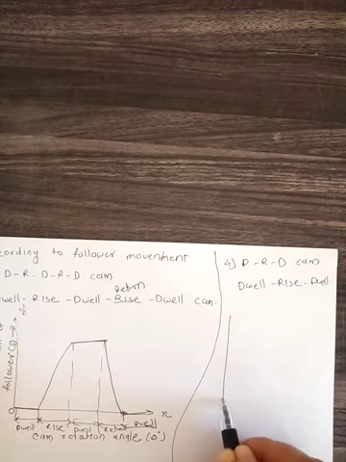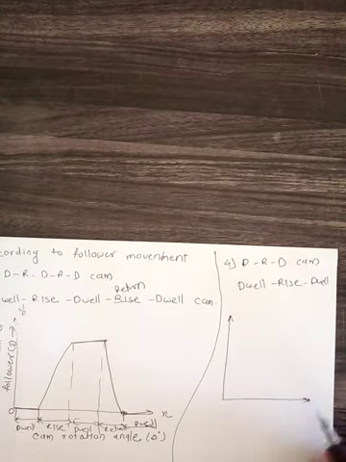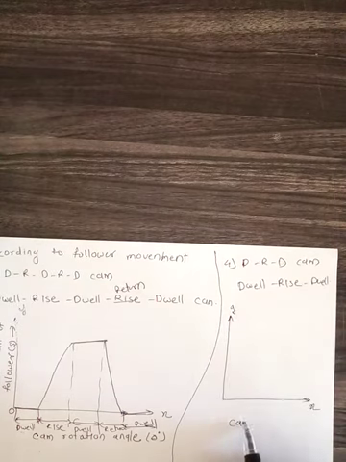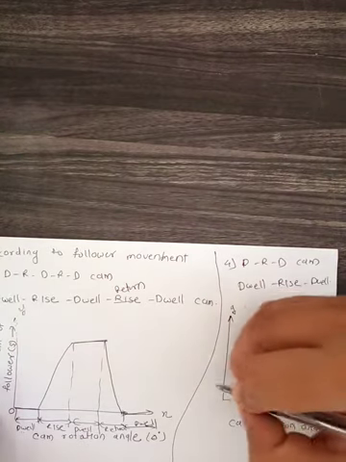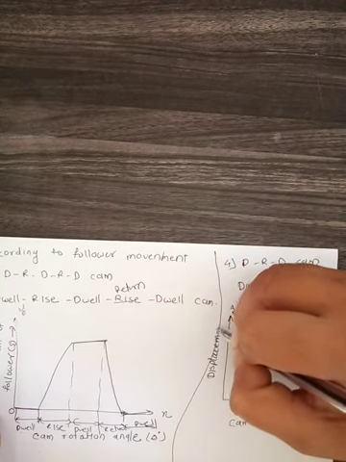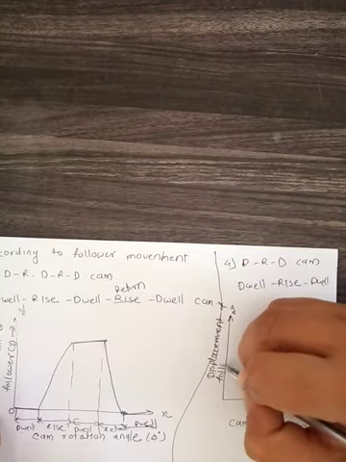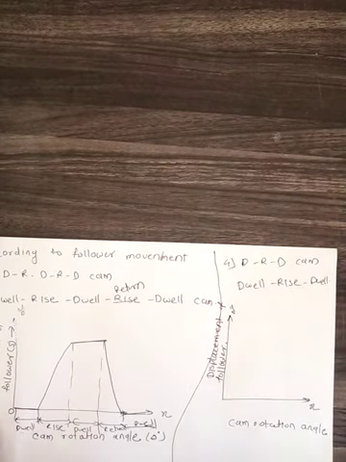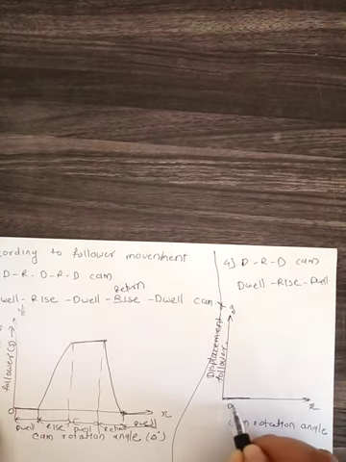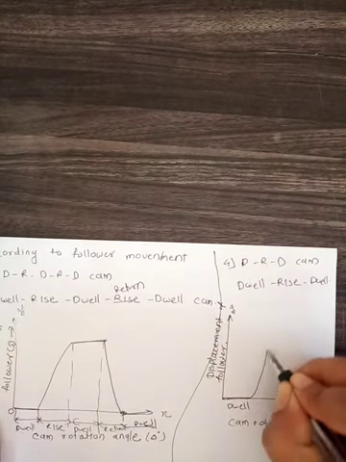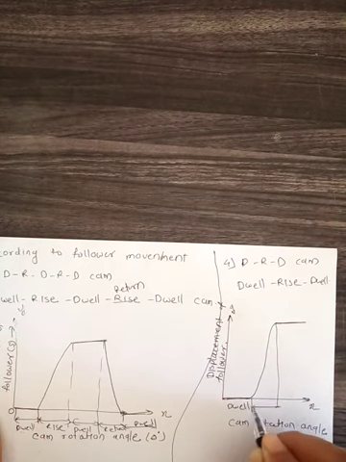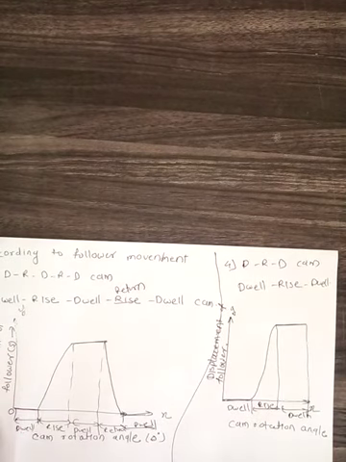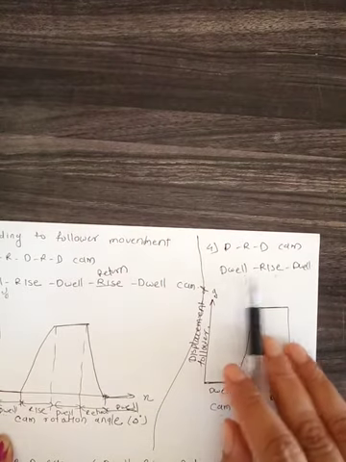This is the y-axis, this is the x-axis, with the cam rotation angle on the x-axis and the displacement of the follower on the y-axis. First is the dwell, next the rise, and then the dwell, then the rise, and this is the dwell. This is the diagram for the DRD cam.